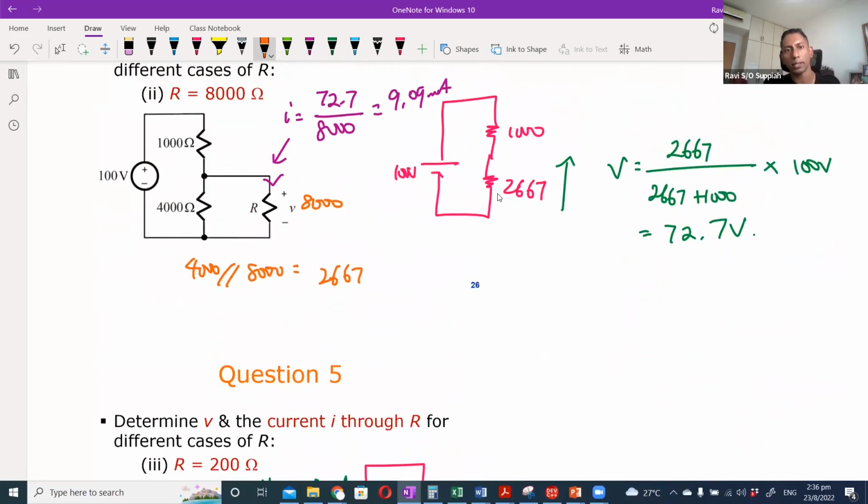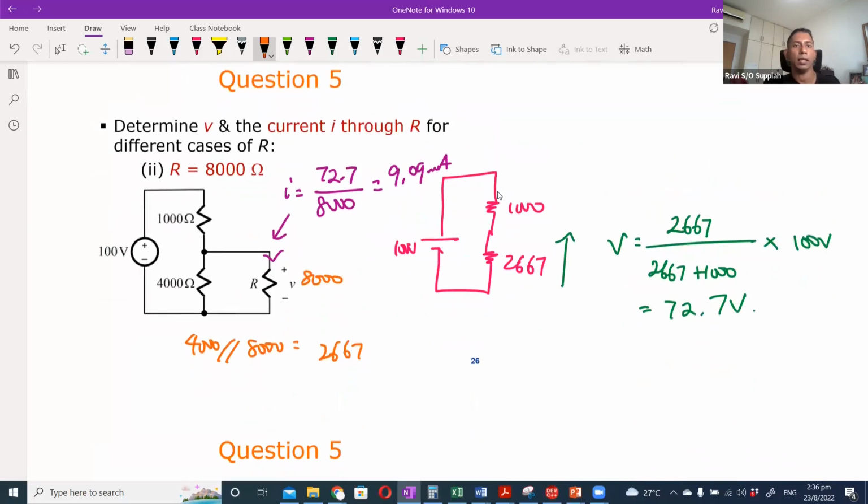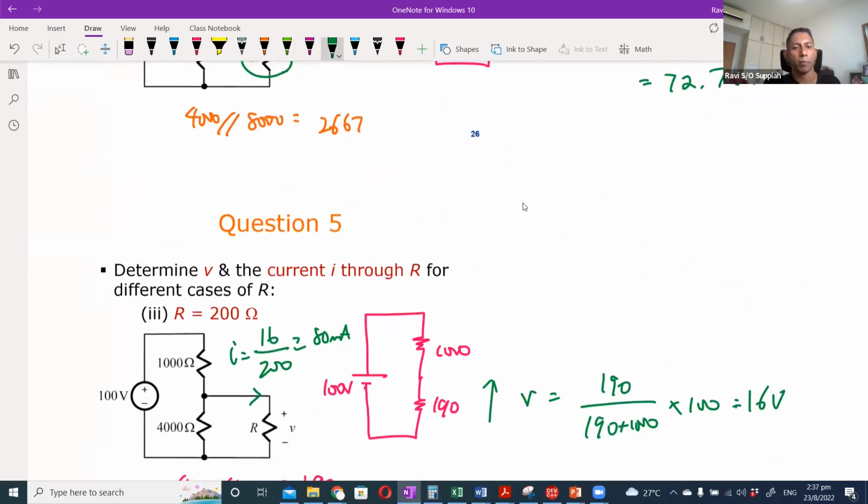As you can see over here, the load resistance that you connect in parallel to another resistor gives a combined resistance that can have a significant effect on the voltage your load will receive and how much current will flow through it.